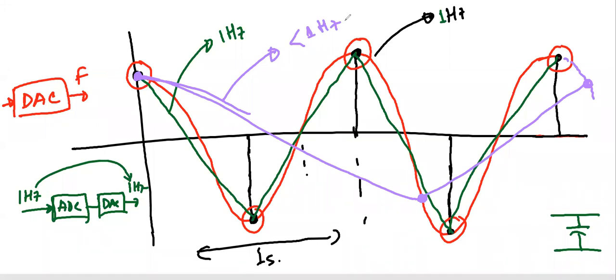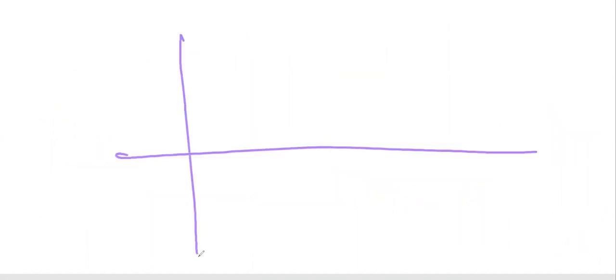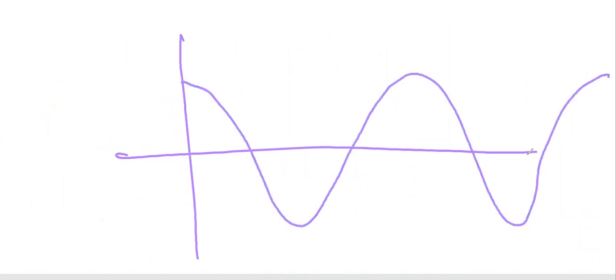For this reason, what should be the minimum number of samples you need for a sinusoidal signal to preserve the original signal? How many samples at least do you need for a cycle to preserve the original signal back?